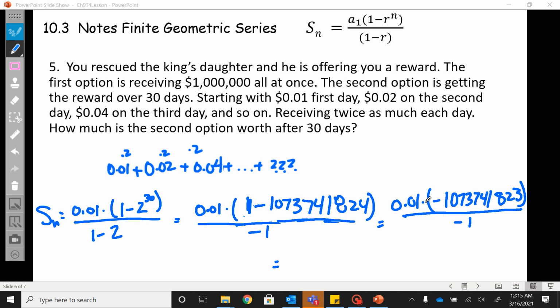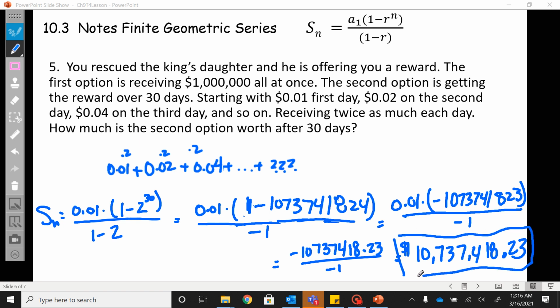So 0.01 times that, negative 1,073,741,823 divided by negative 1, all that's going to do is change it positive. So what I'm looking at here is 10,737,418 dollars and 23 cents.